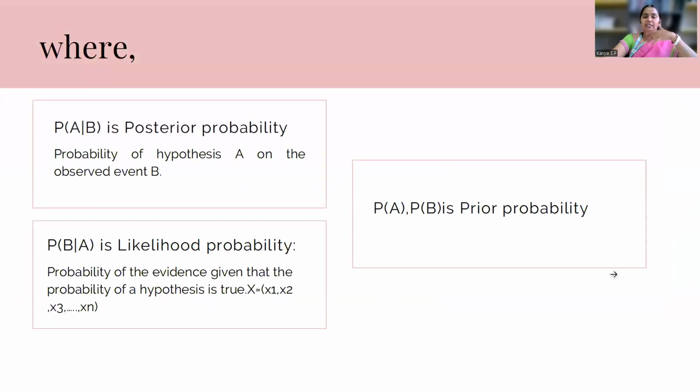Now we can see the terminology used to call each probability. The probability of event A and the probability of event B are called prior probability. That is, whether or not it is a spam mail, whether or not I'll play tennis. All these are called prior probability. Posterior probability is the resultant value.